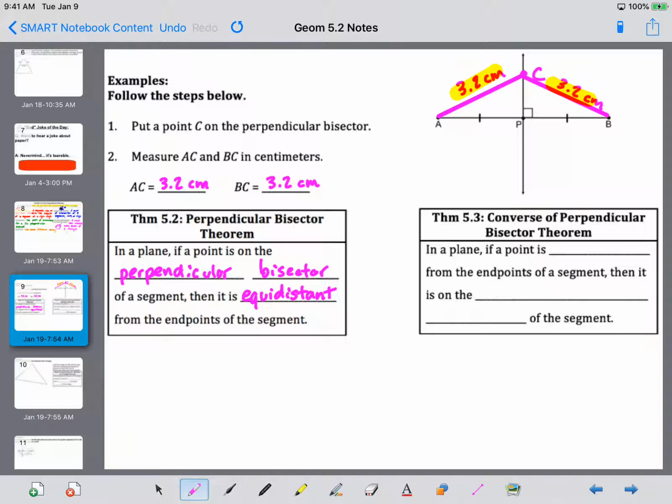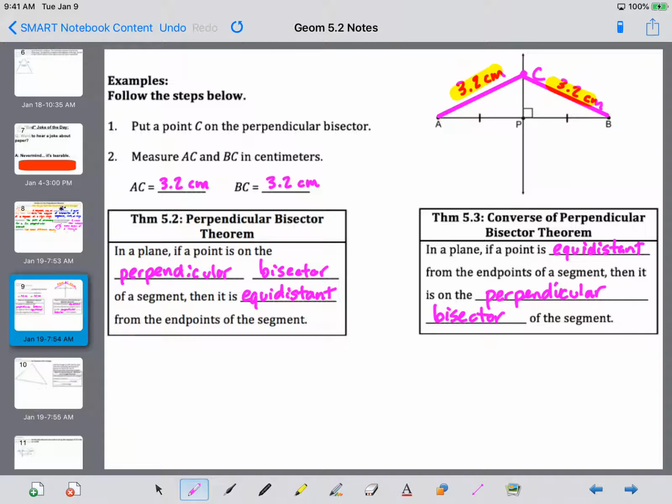If we would have started with that point C and we knew that the point is equidistant from the endpoints, then it has to be on the perpendicular bisector. So that theorem works both ways. That's what the converse means. It means you just switch the if and the then.